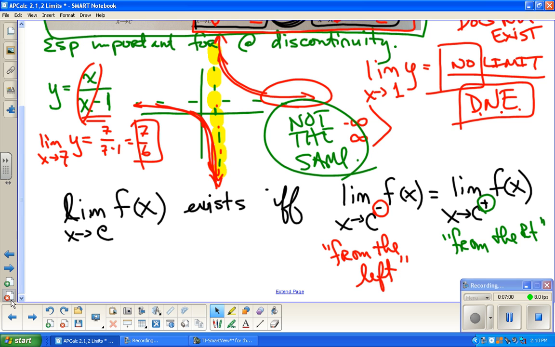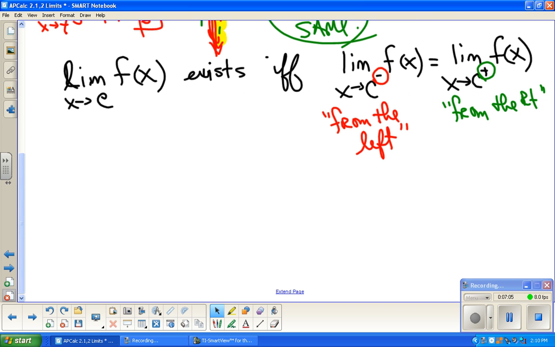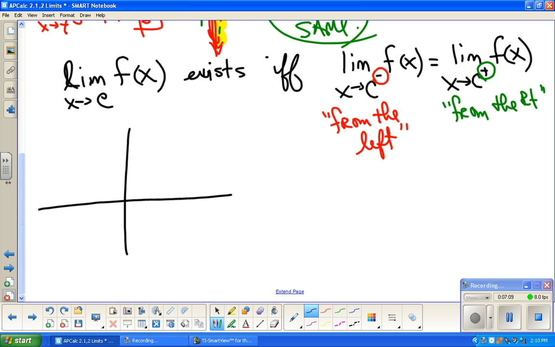I'm going to make up a goofy example. Okay, you ready? So here's the idea. I'm just going to do one graphically. Okay, here we go.